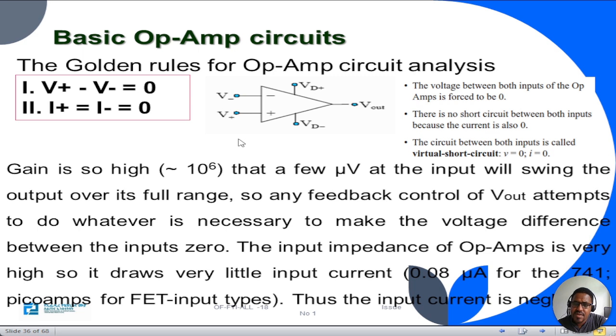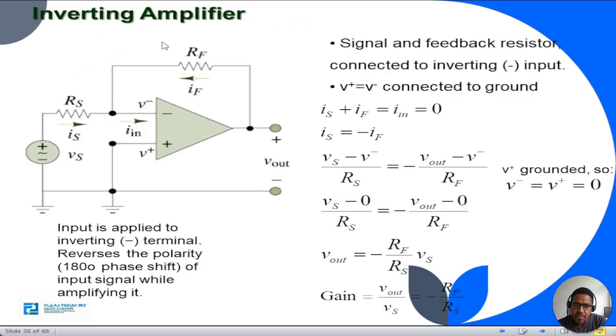So, let's see the types of op-amp one by one. When you see an inverting amplifier, the signal and feedback resistors are connected to the inverting input. When our V source, or V in, goes to the V inverting and V out is fed back to the V inverting, this circuit becomes an inverting amplifier.